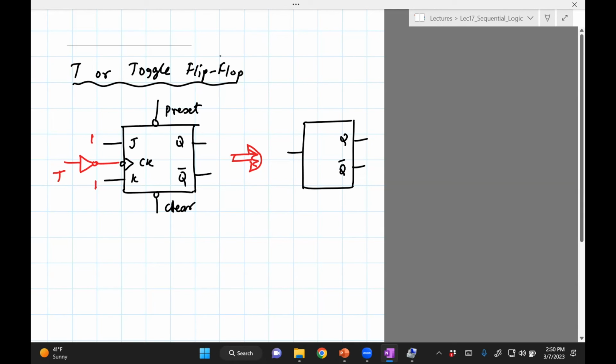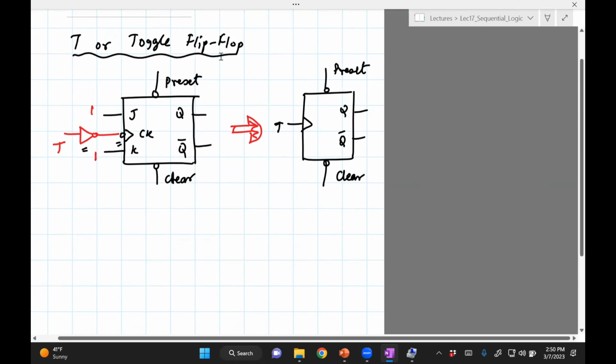Now for the toggle, you can see that there is an inverter on a negative edge. Inverter on a negative edge means it's a positive edge. So this will become a positive edge. Toggle is the input. And then the preset here remains as it is. And then you really don't show the J and K. Okay, one more step and we're done.